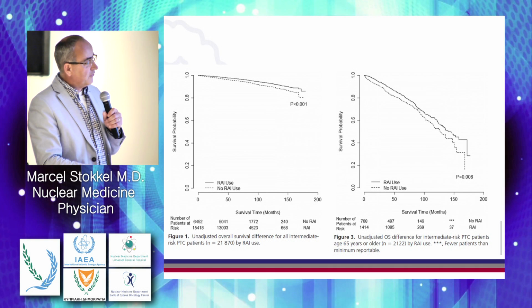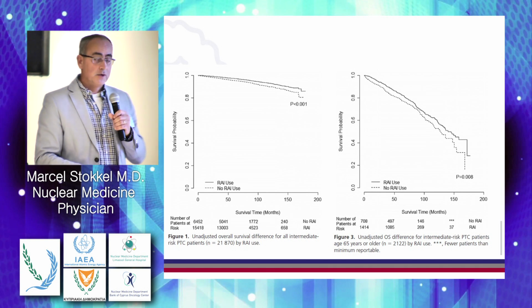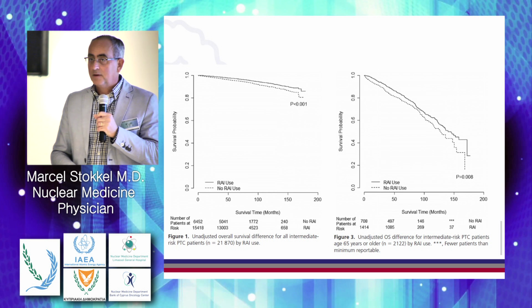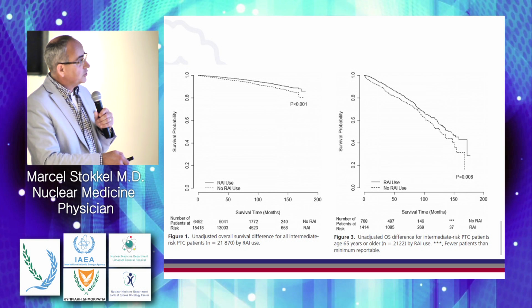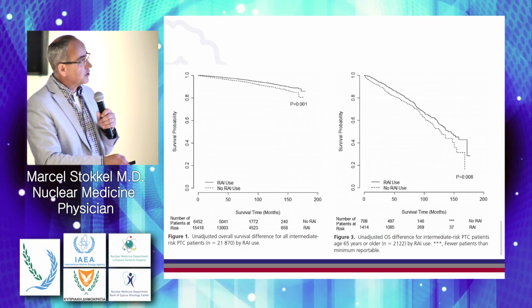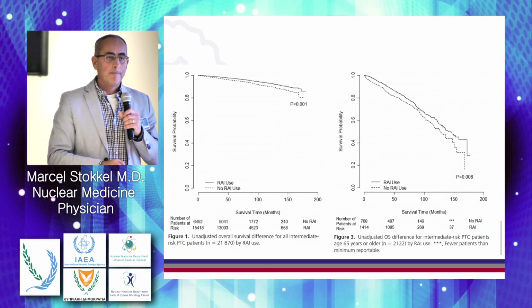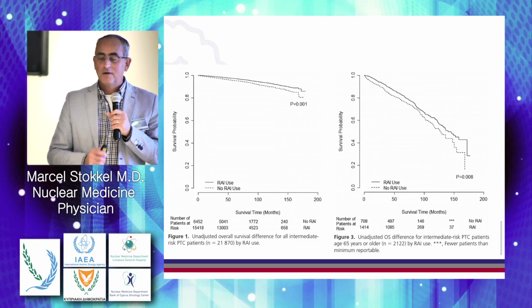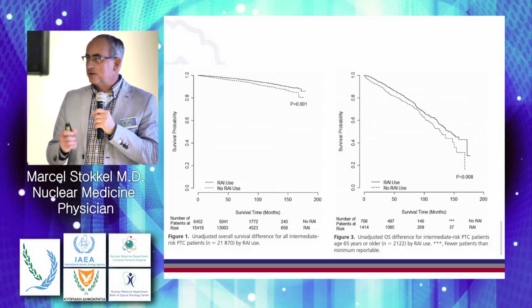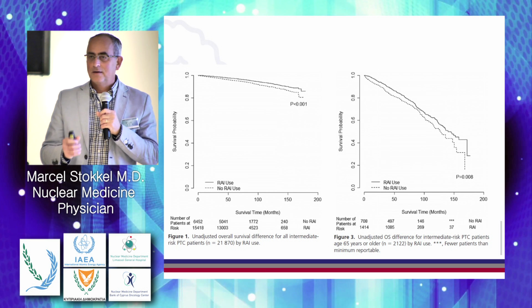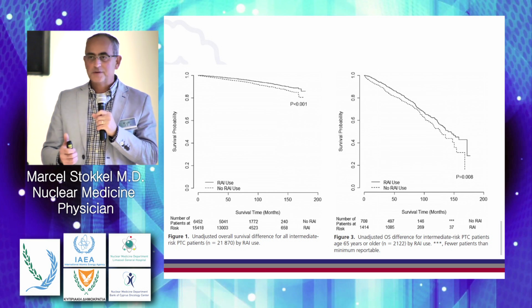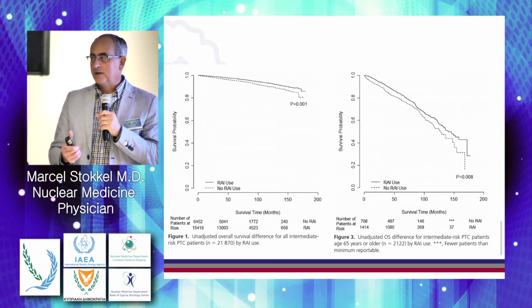This is the follow-up time up to 200 months. And it means that after a short time, you may observe a significant difference in outcome. The intermediate risk group. So that is probably the comment to the Schlumberger and the Mallick study. They included intermediate risk groups, but the follow-up was only less than 1 year.